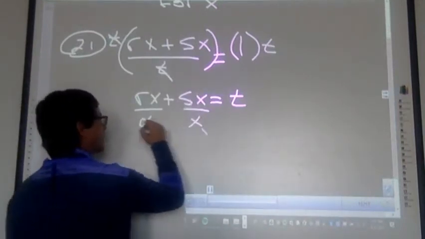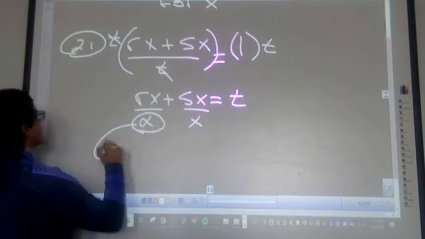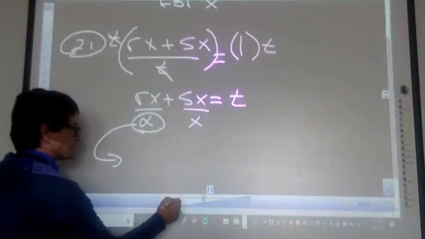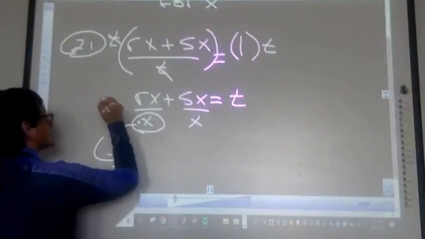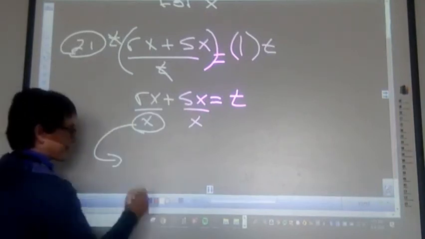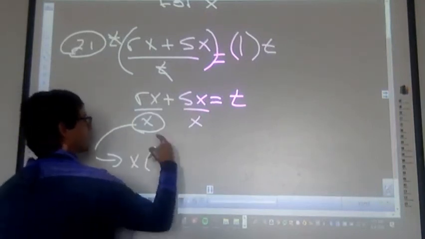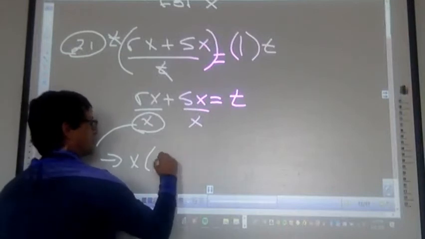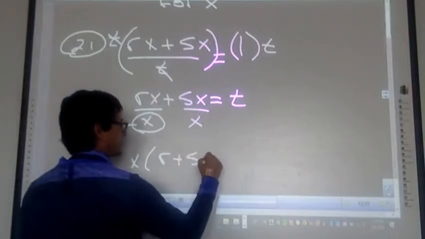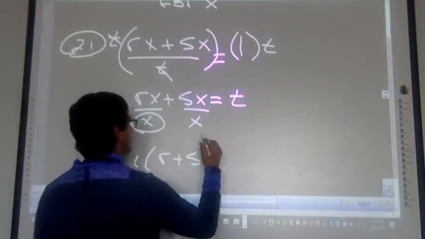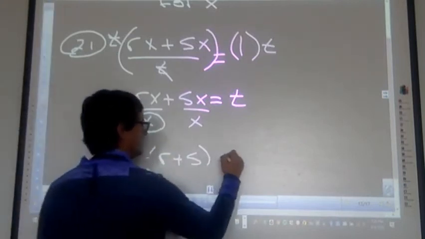So I'm going to factor out the x. So you have x times, the x's cancel in both these fractions, so I have r plus s left, and that equals t.